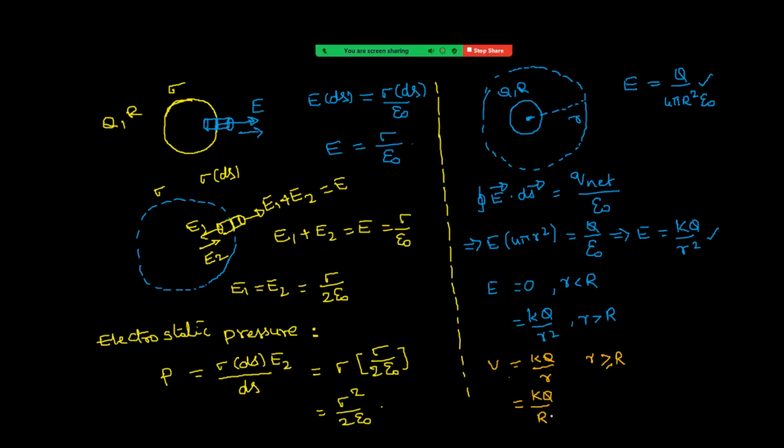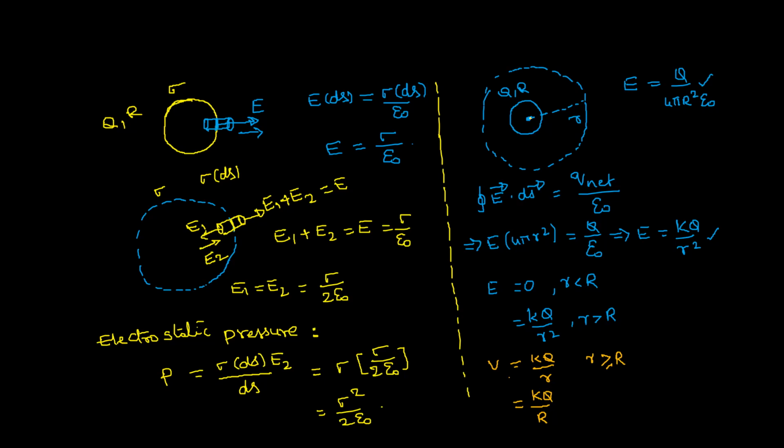But if you observe, to move the charge from the surface to any point inside, the work done will be zero. Students, see the logic carefully. We got the potential on the surface, that is KQ by capital R. Now what I am saying is that to move the charge from the surface to any point inside, the work done will be zero because there is no field.